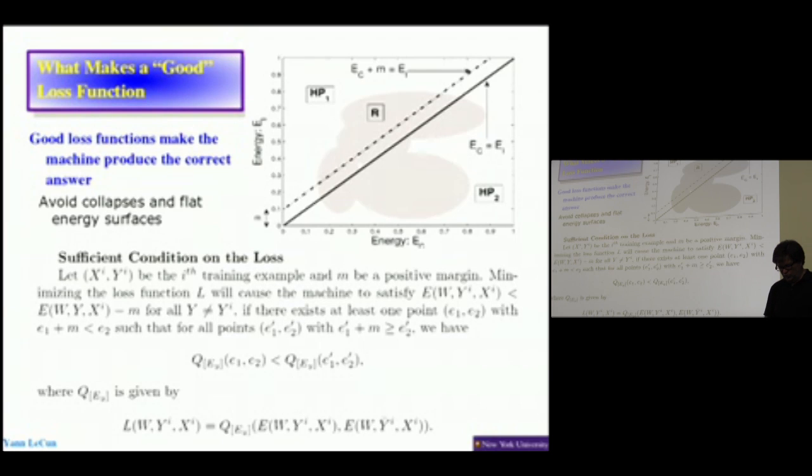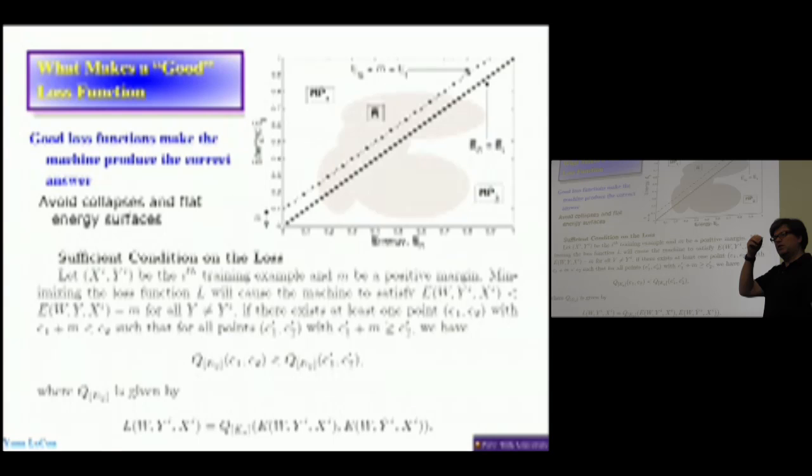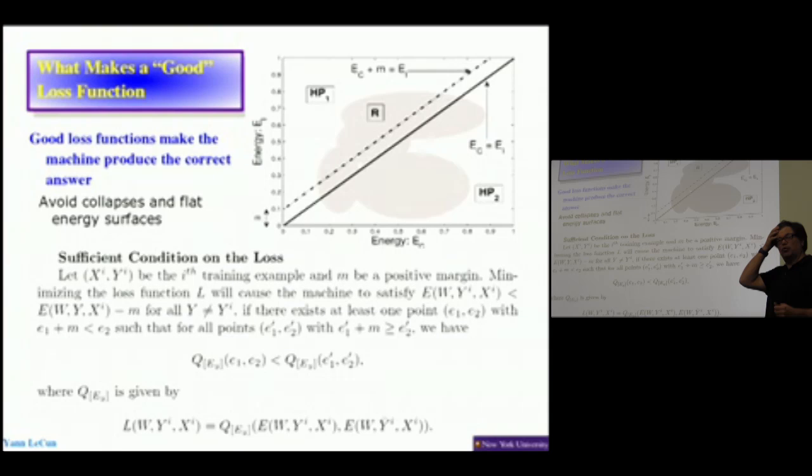I don't want to go into too many details about this, but there is a paper that is going to be recommended reading, a tutorial on energy-based models. It gives you a condition for what makes a good loss function. It's not always easy to figure out if a loss function actually does the right thing.